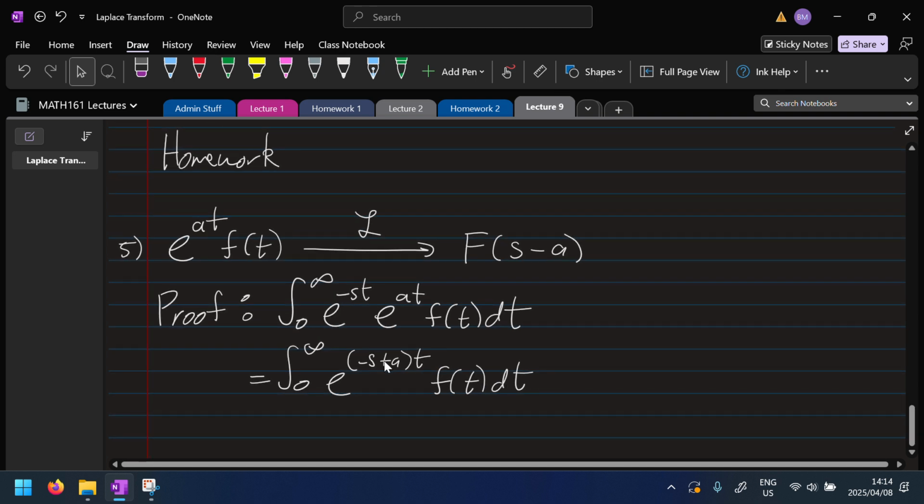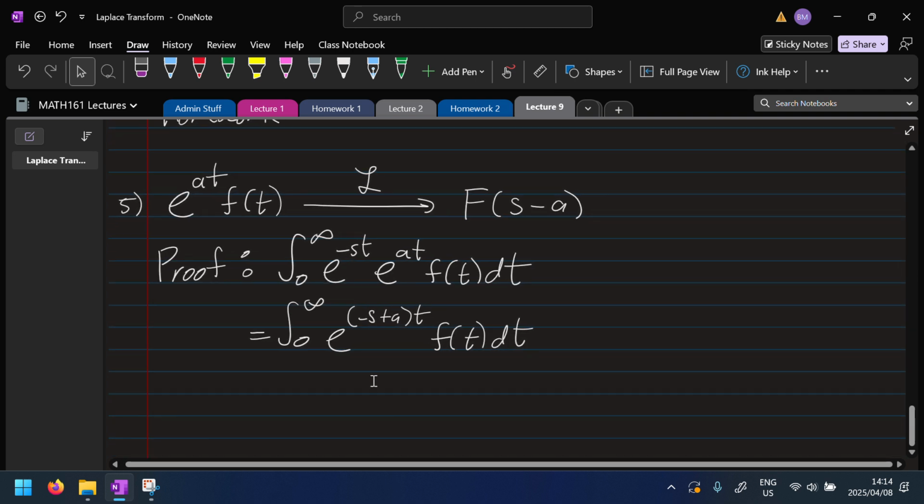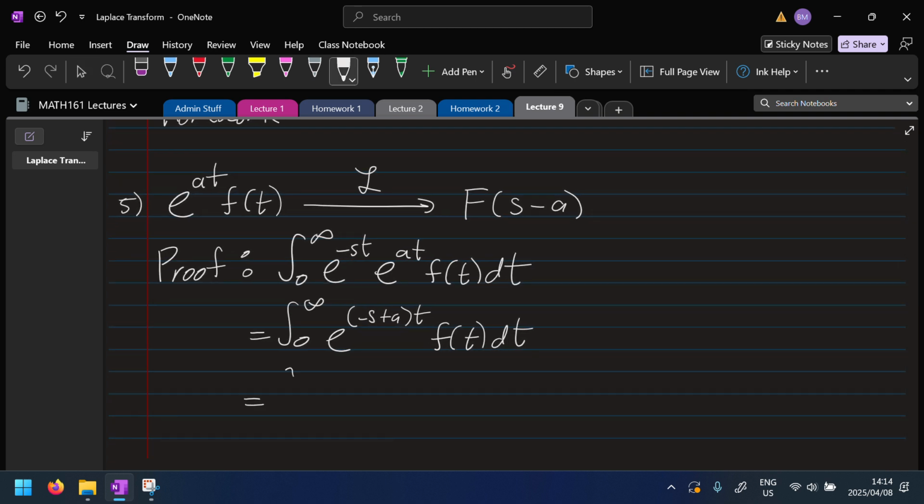Now we want this to look more like the normal transform, right? The minus st. So here in the brackets, let's take out a minus. So this is going to be the integral from 0 to infinity e to the minus (s minus a)t f of t dt.